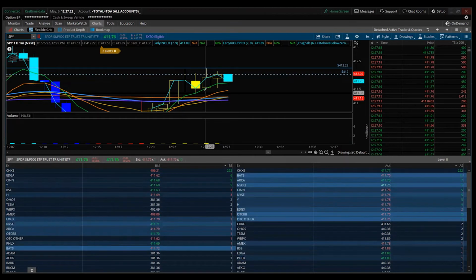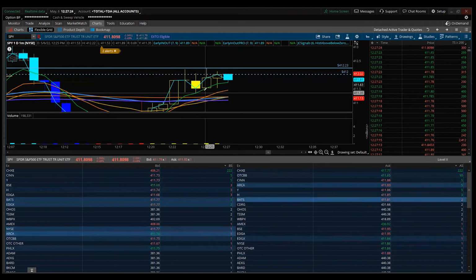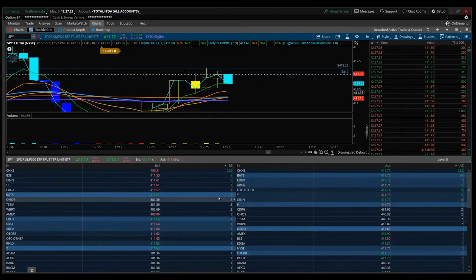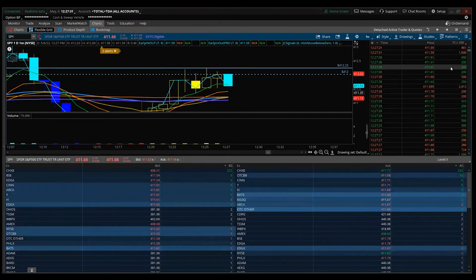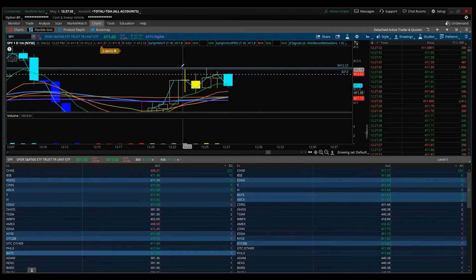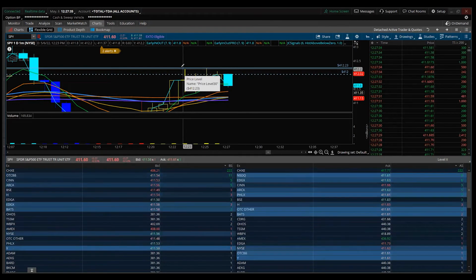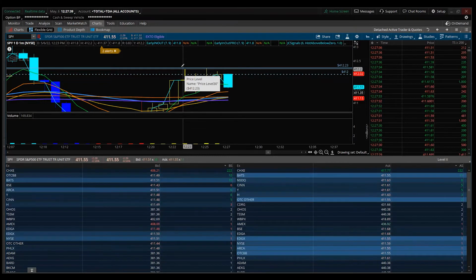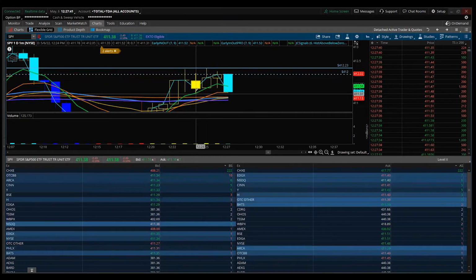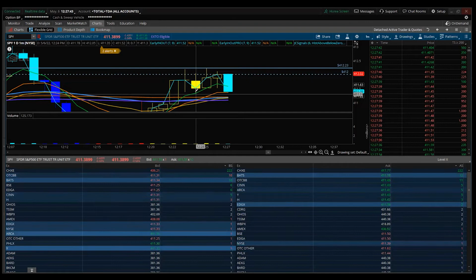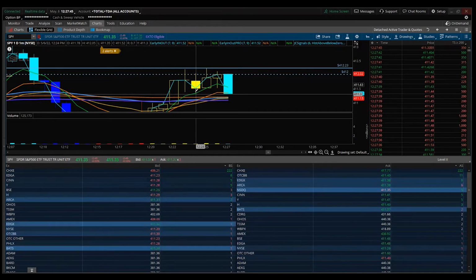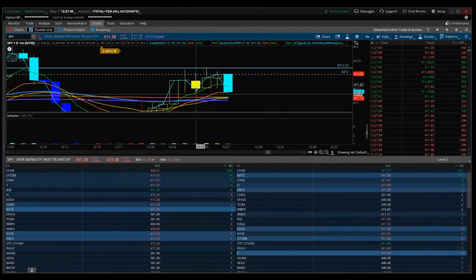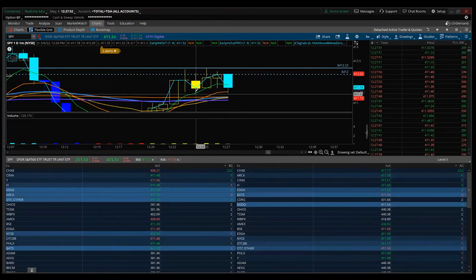So try to be mindful of where buyers and sellers are stepping in for the ask sizes and the bid sizes, and how the actual tape is setting up, and then try to sell into the pops. Selling into the pops, you will get more bang for your buck. If you sell in the pullbacks, you're not going to get much money, or the IV could get super crunched and you actually lose money. So remember to sell into the pops, not on the pullbacks.